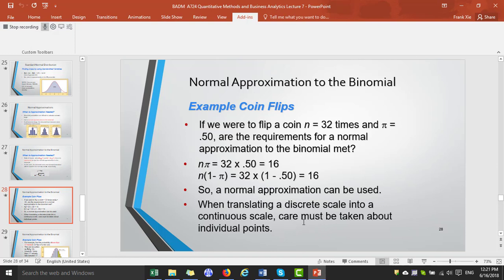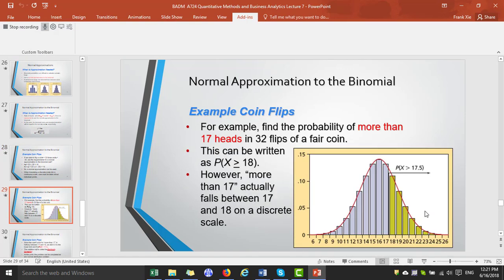When translating a discrete scale into a continuous scale, care must be taken about individual points. Careful with that. For example, find the probability of more than 17 heads in 32 flips of a fair coin. You flip a coin 32 times. What's the probability of more than 17 heads?